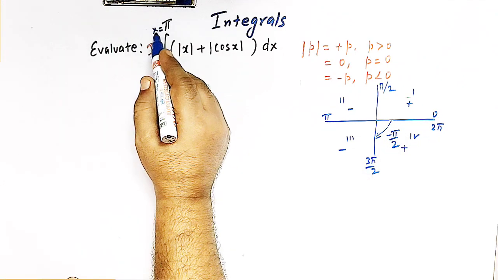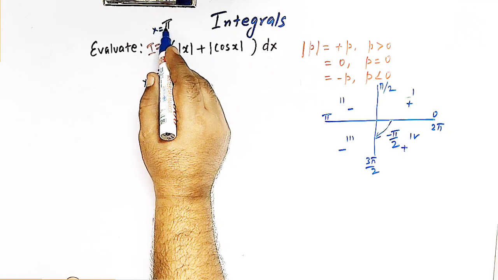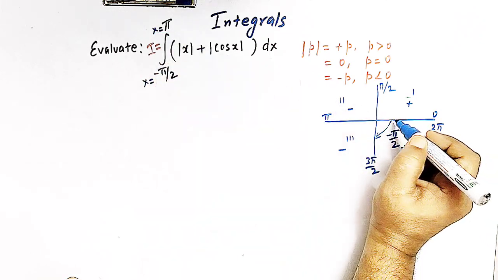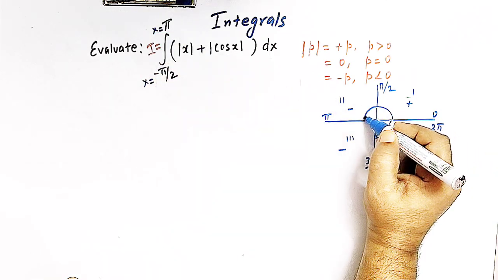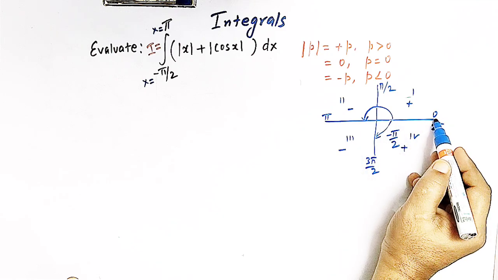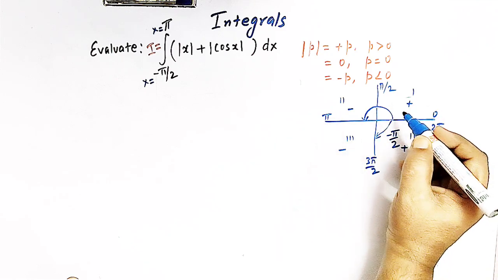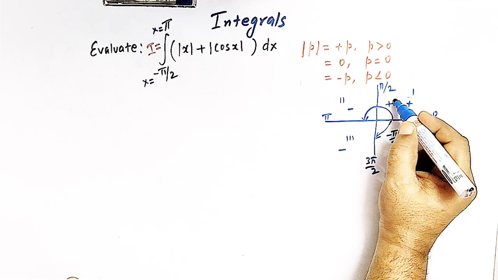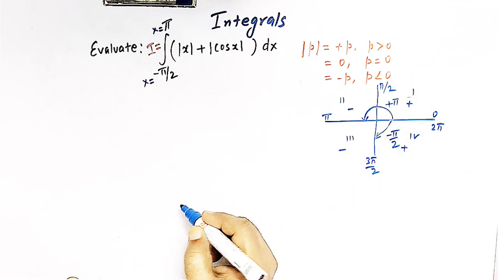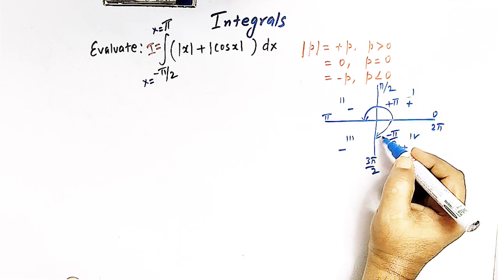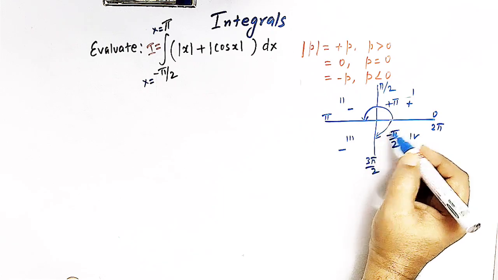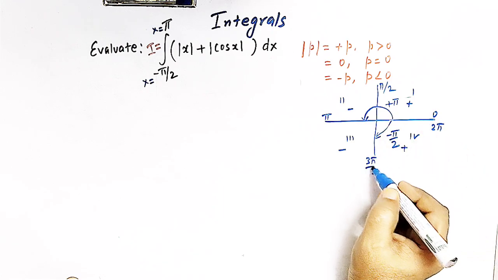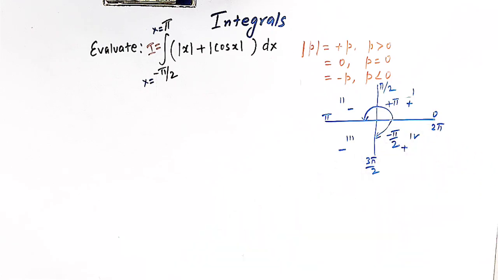And when we go from 0 to pi, this angle is taken as positive pi.